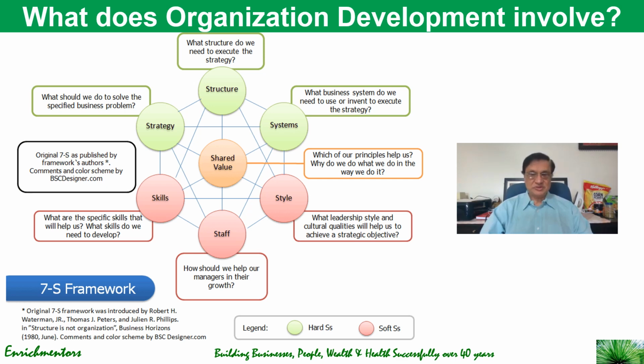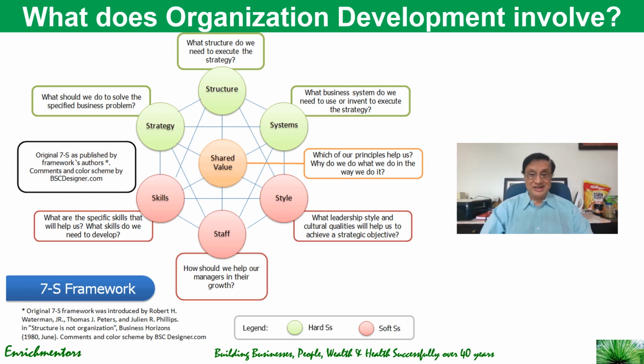You have business problems that are likely to come up in the next couple of years, or you have certain objectives. So what should you do to achieve those objectives and solve the problem? What structure should you have to execute the strategy? What systems and processes will help you implement the strategies on a sustainable basis?